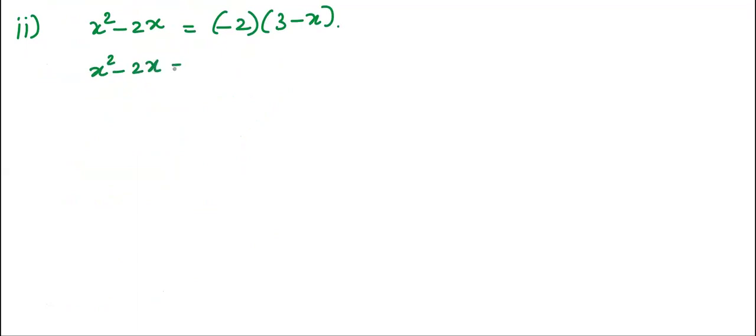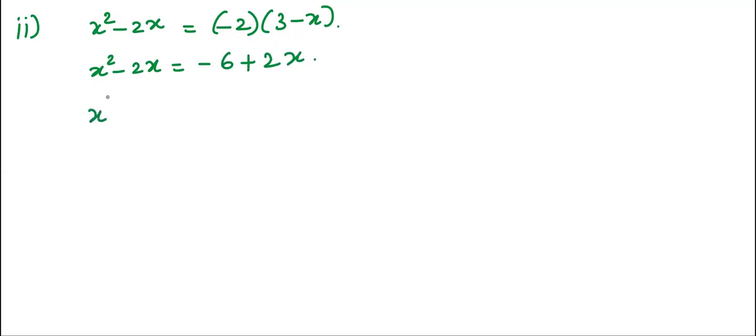So question number 2 is x square minus 2x equals negative 2 into 3 minus x. Now x square minus 2x is equal to minus 2 into 3, which will be minus 6. Minus 2 into minus x will be plus 2x.